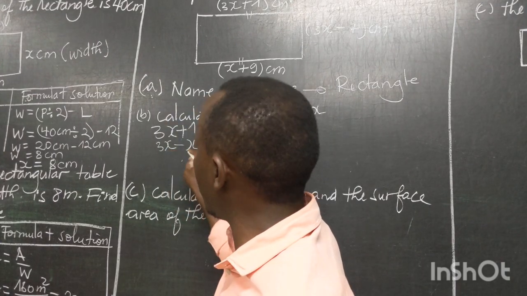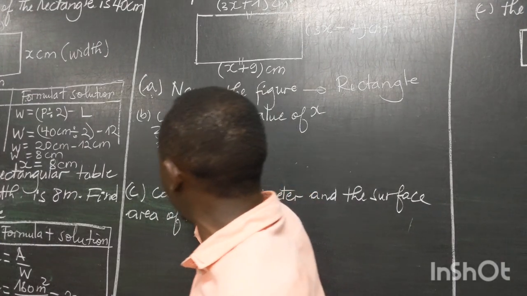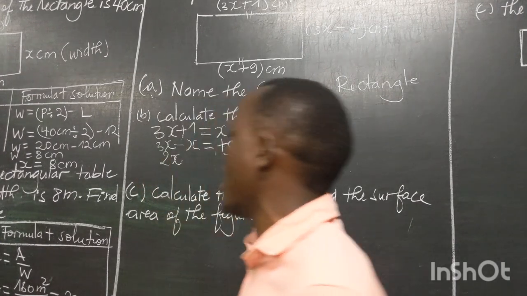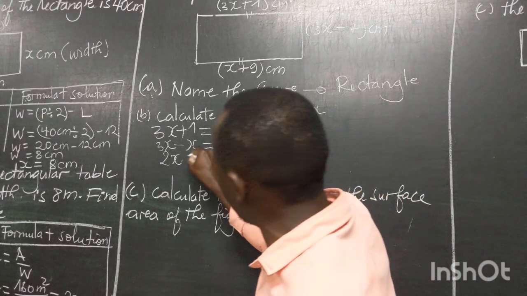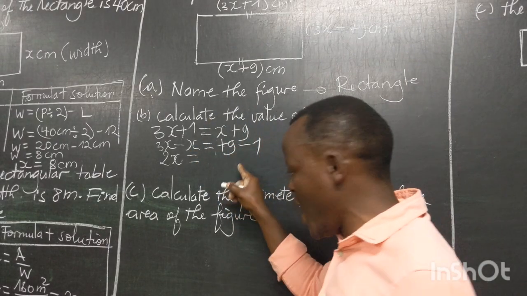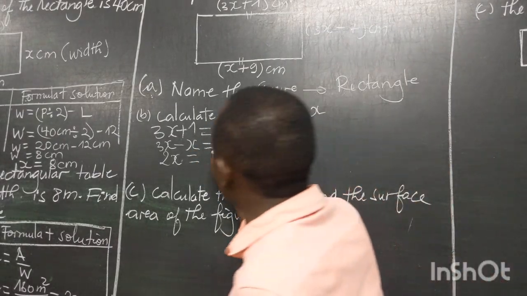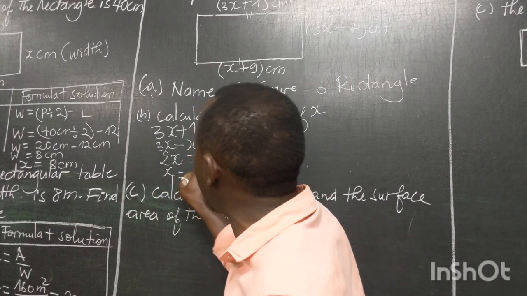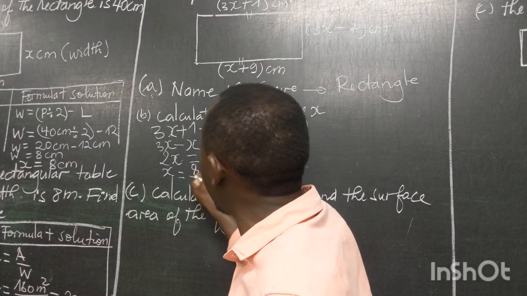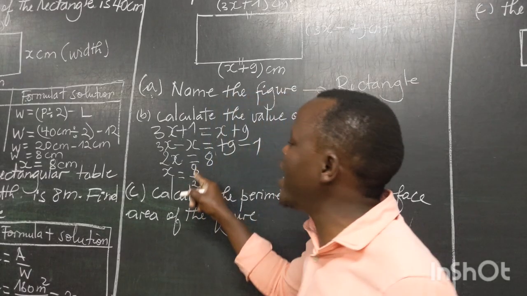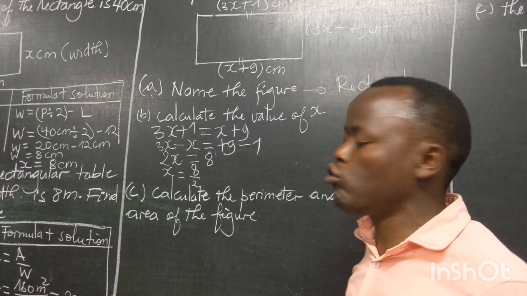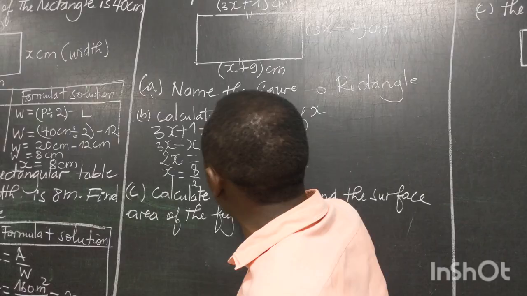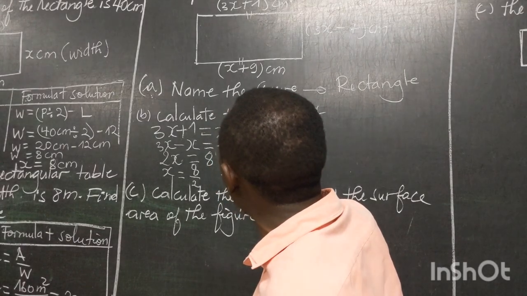Then 3x minus x is equal to 2x, and 2x is equal to 9 minus 1, which is 8. To find the value of x, x is equal to 8 divided by 2, which is 4. Therefore the value of x is equal to 4.